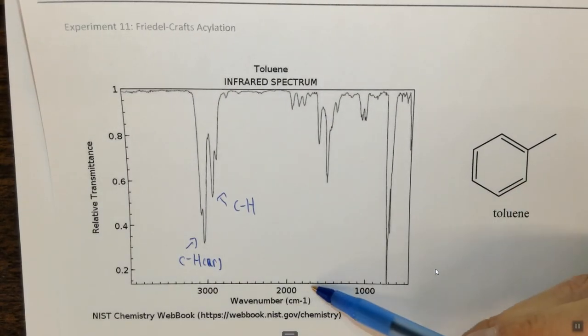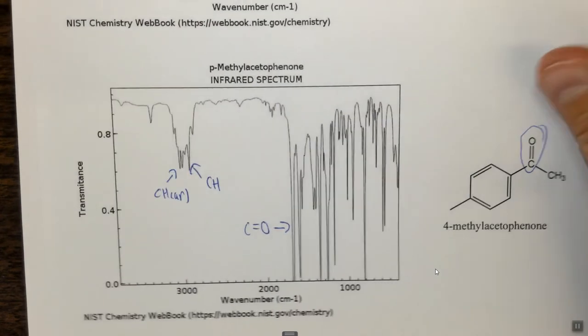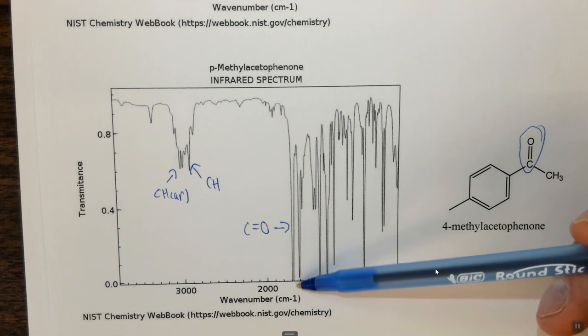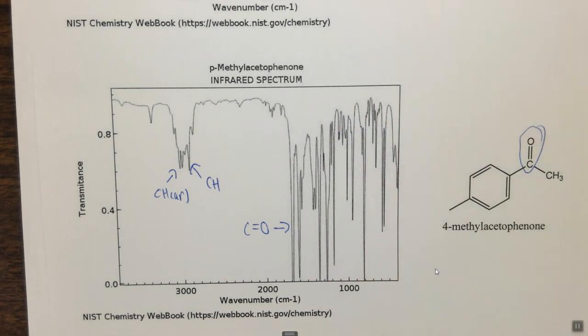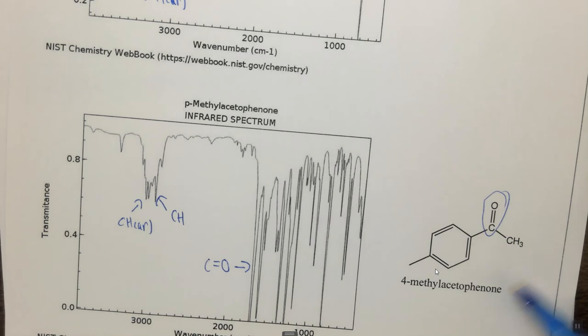Toluene, if we look here, has no major peak around 1700. But if we look at the 4-methyl acetophenone, we get a very strong peak all the way down to the baseline at around 1700 because this is the C double bond O peak. And that makes sense, right? Toluene doesn't have a carbonyl group, but 4-methyl acetophenone does.